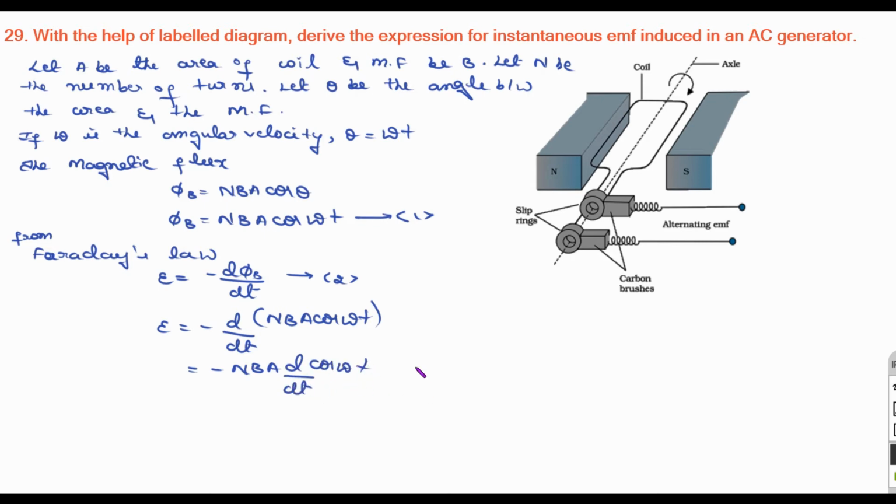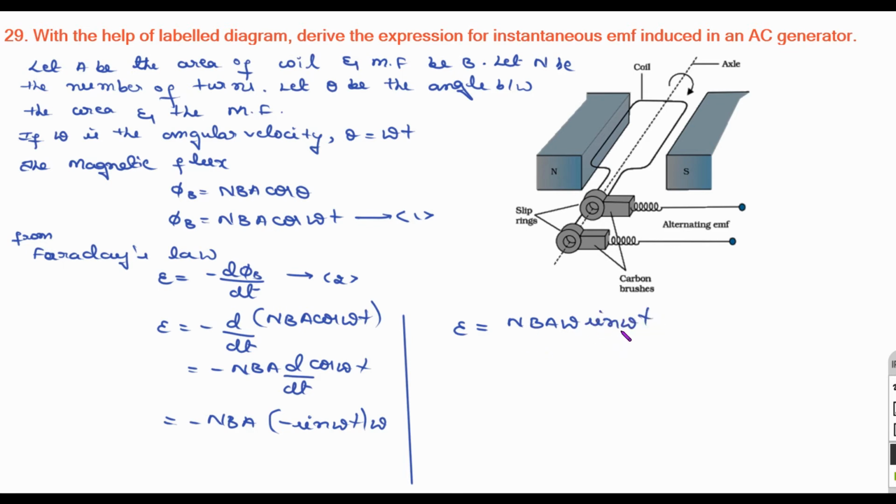If I differentiate this, I will get minus NBA, and the differentiation of cos omega t is minus sin omega t into omega, which is a constant. So minus into minus becomes plus. Induced EMF is NBA omega sin omega t.